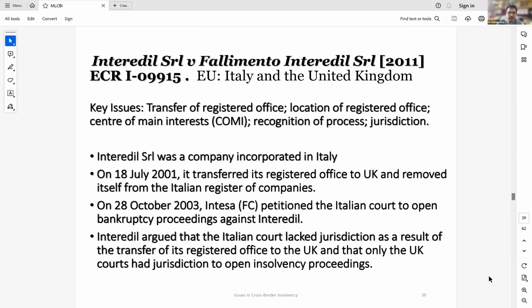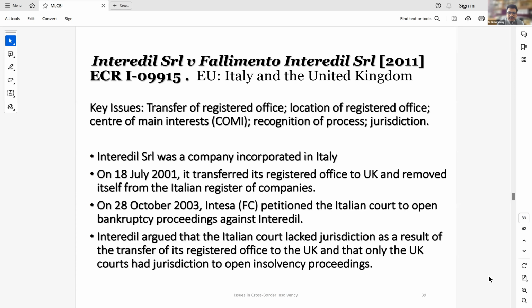So in July 2001, it shifted its registered office to UK from Italy. And the creditor in Italy filed an insolvency application in October 2003. So that was more than 2 years. So the time gap is more than 2 years.